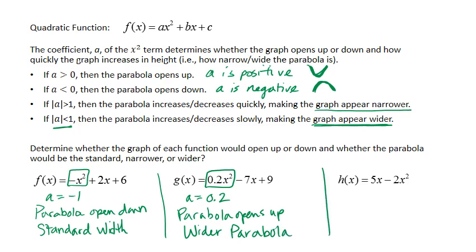And our last function, h of x, once again, look for the x squared term, and it actually comes up second here. Even though we typically, when we're writing out the definition, put the x squared first, when you look at specific functions, it doesn't have to be the first term. So here it comes last, and our a value is -2. That's a negative value, so the parabola is opening down.